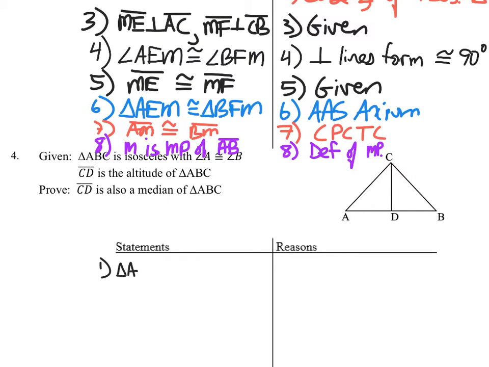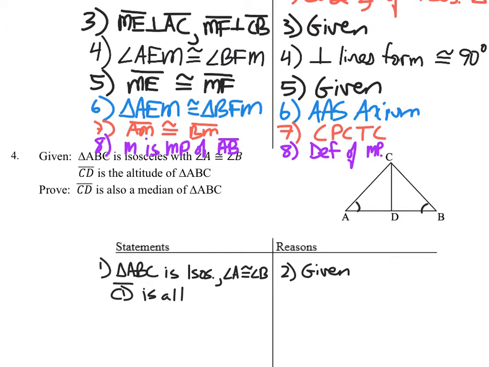Triangle ABC is isosceles with angle A being congruent to angle B. Given. CD is the altitude of ABC.